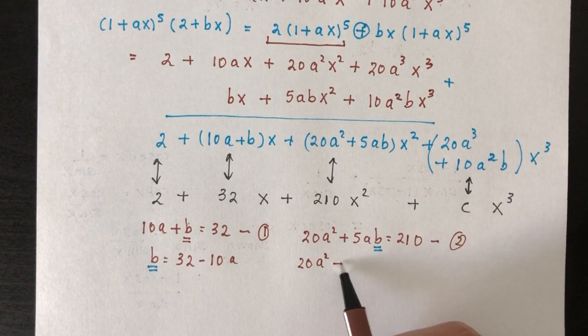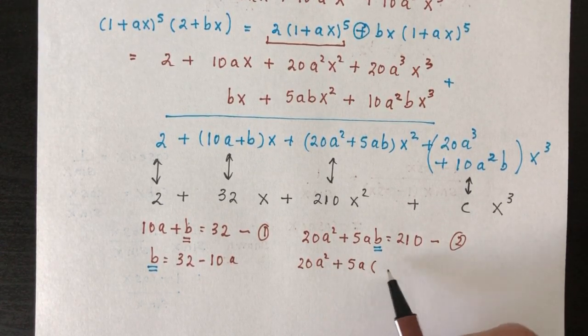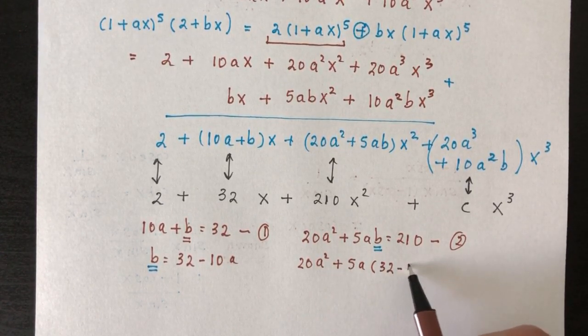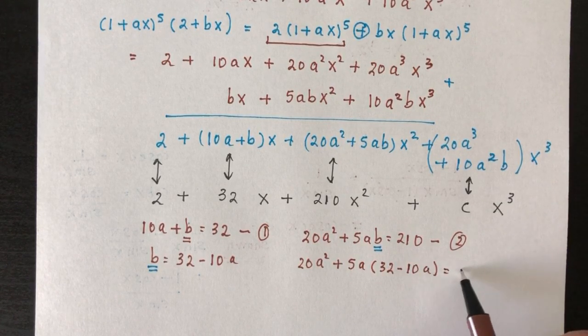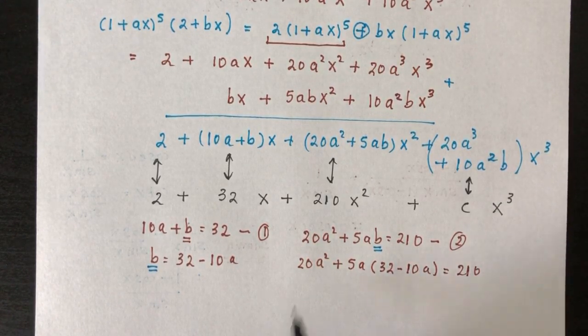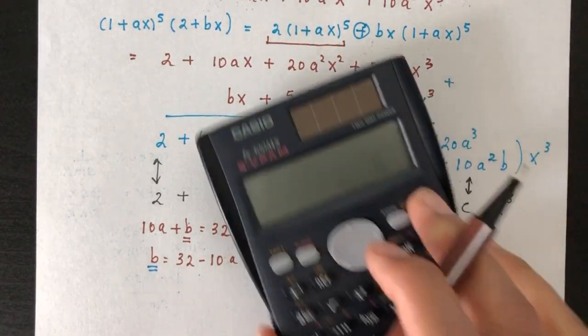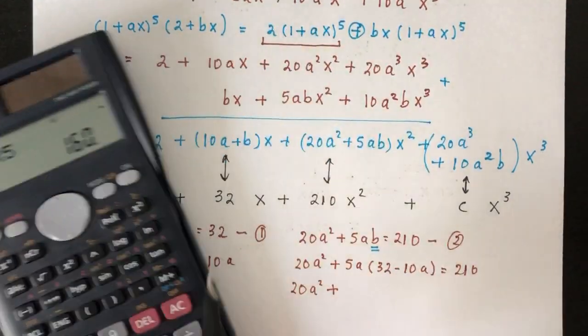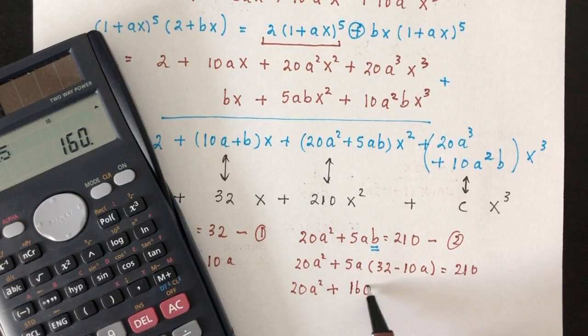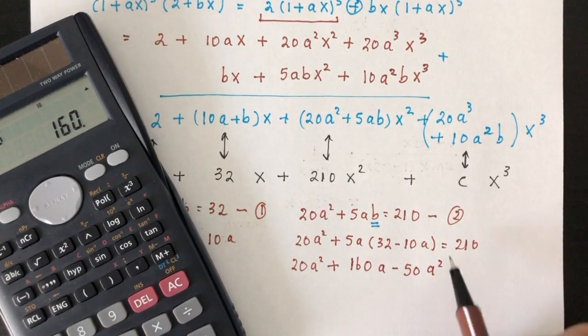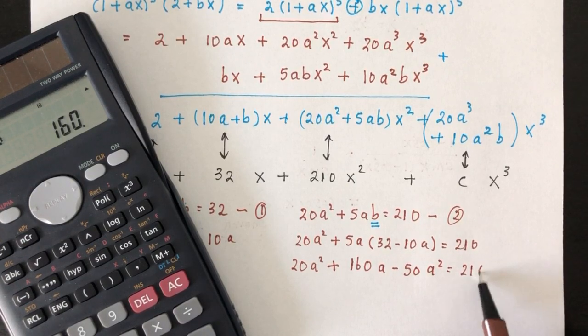In here, you will have 20a² plus 5 times a times (32 minus 10a) equal to 210. That will be 20a² plus 32 times 5, that will be 160a, minus 50a² equal to 210.